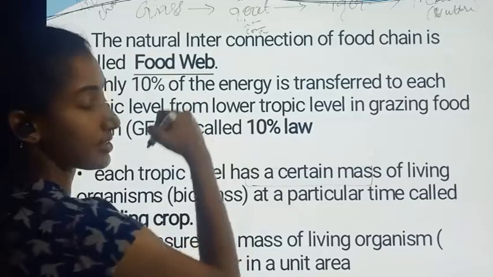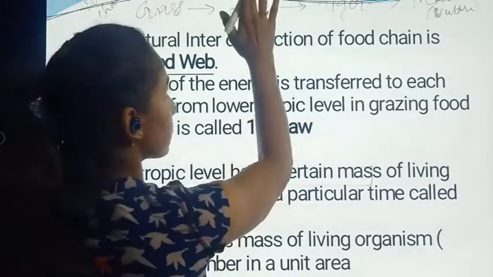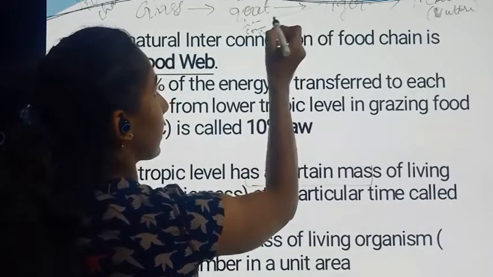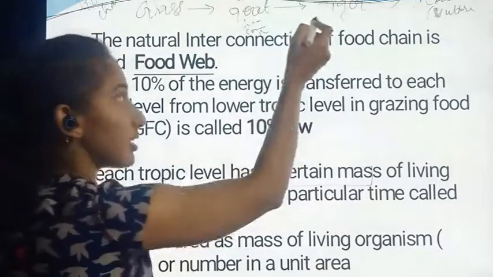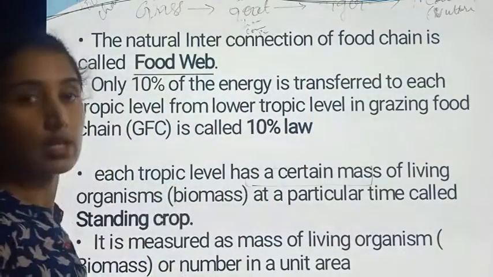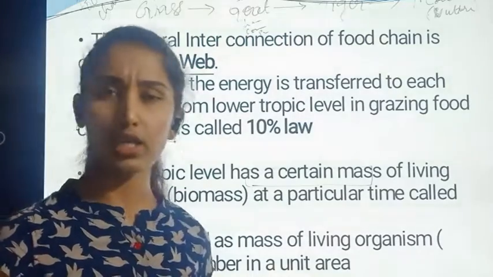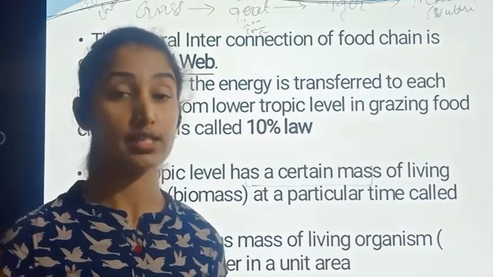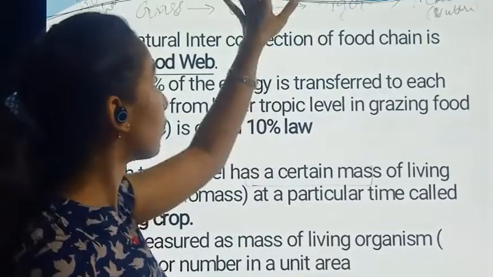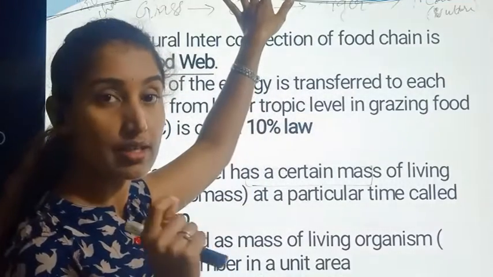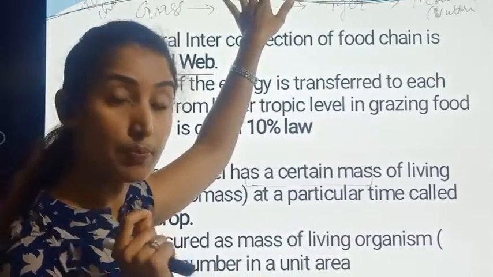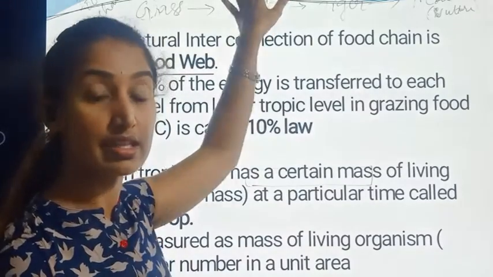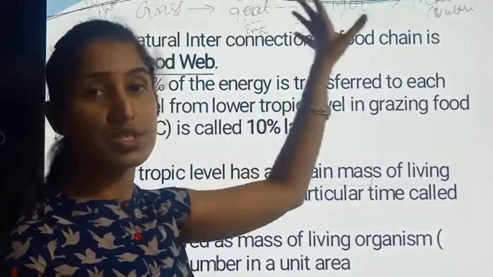If the goat is extinct, the tiger can also eat sheep, cow, or buffalo, whatever the remaining herbivores are. That means if one primary consumer is deleted, as long as any other primary consumer is extant, the food chain is not disturbed.